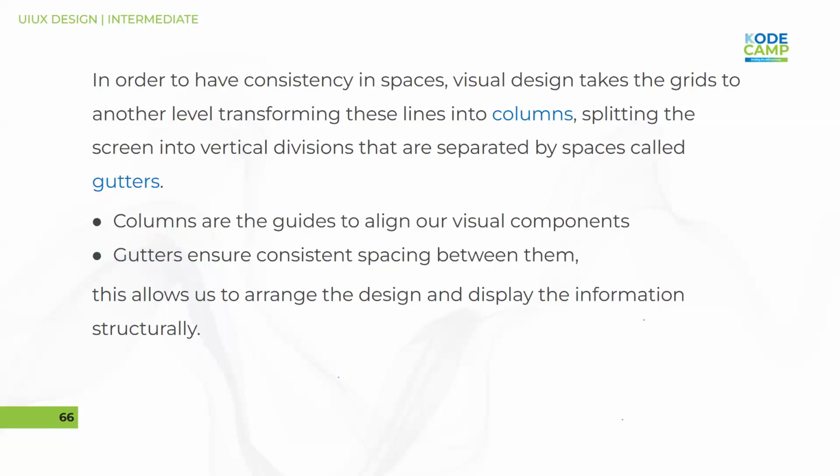Columns are the guides to align our visual components, and gutters ensure consistent spacing between them. These two things allow us to arrange the design and display the information structure.